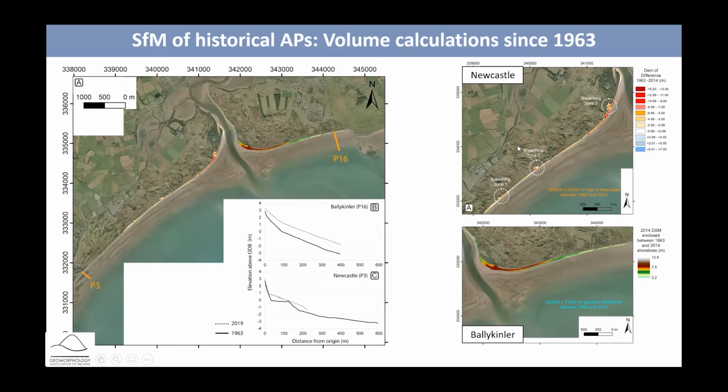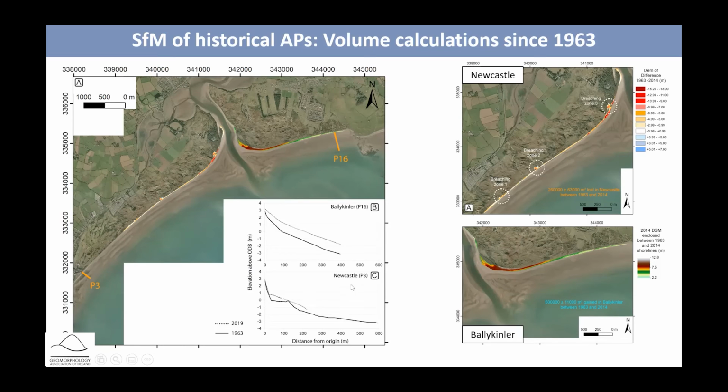You can see how in Newcastle, Marlow, the sand lost was about 2,600 cubic meters from 1963 to 2014. On the other side of the inlet channel, there was a gain, which was twice the sand lost from Newcastle.